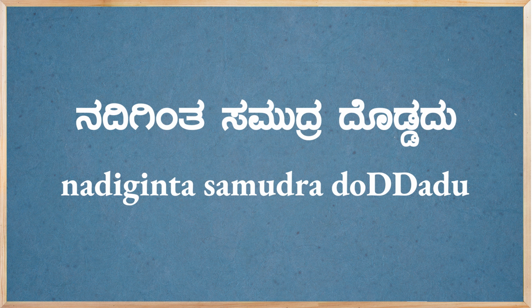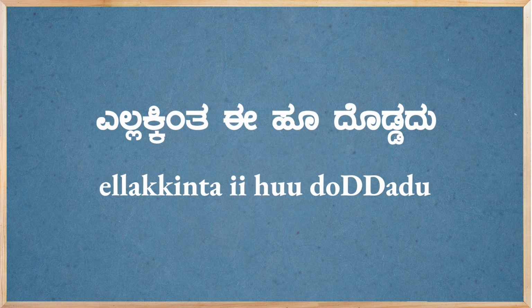The sea is bigger than the river. We also learned that for non-human nouns, especially with yella, which means all, we use kinta. For example, yellakkinta ihu doddadu. This flower is bigger of all.